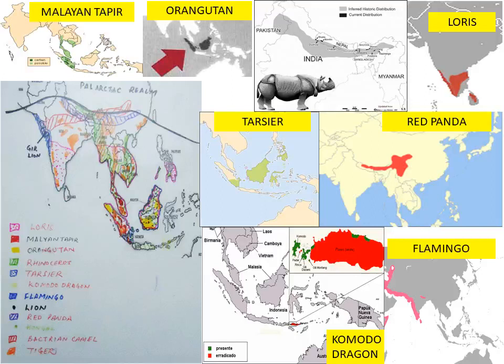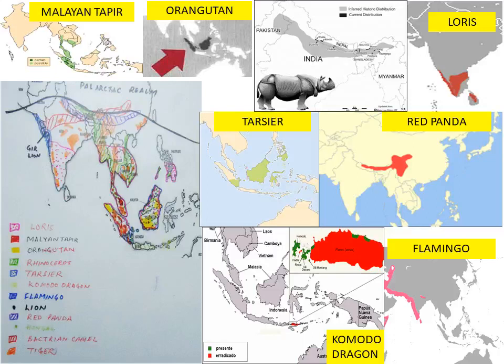In addition to these, you can add lion, which is present in the Gir forest in Gujarat, and tiger, widespread in India in patches because of fragmentation.